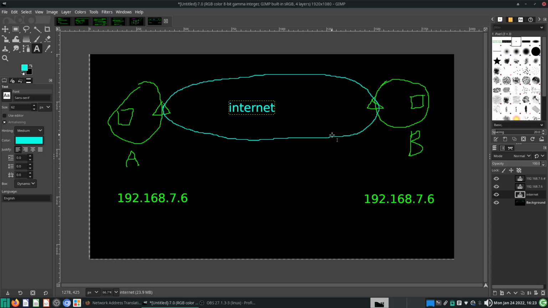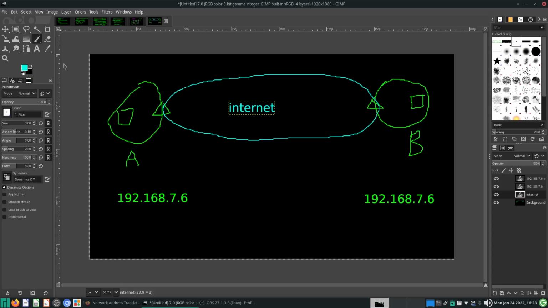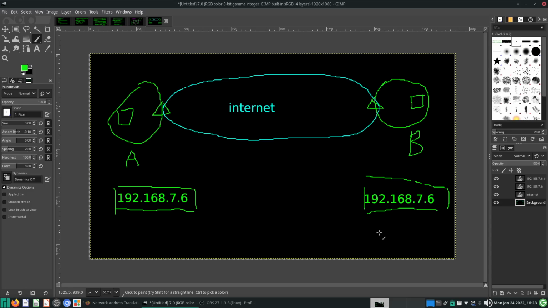So how are you going to send a packet from 192.168.76 to this IP address here, 192.168.76? Are you just going to craft the IP datagram 192.168.76 to 192.168.76? You'll probably just send the datagram back to yourself. That doesn't quite work like that.